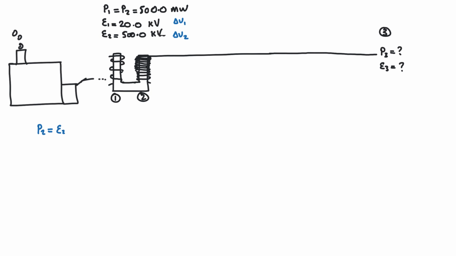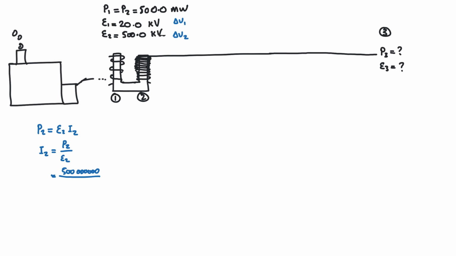But I'll just use EMF, so it's EMF multiplied by current 2. And I'm trying to isolate for I, and that's going to equal power 2 divided by EMF 2. And power is 500 megawatts, so that's 10 to the 6.